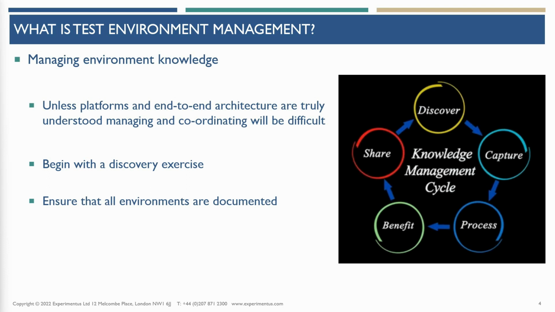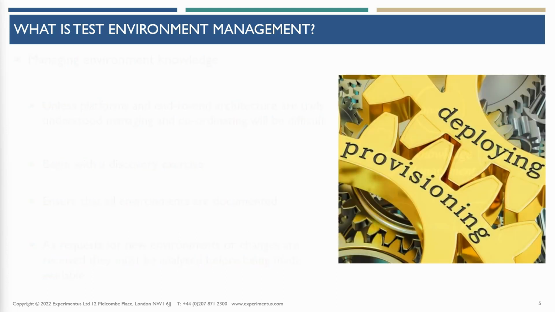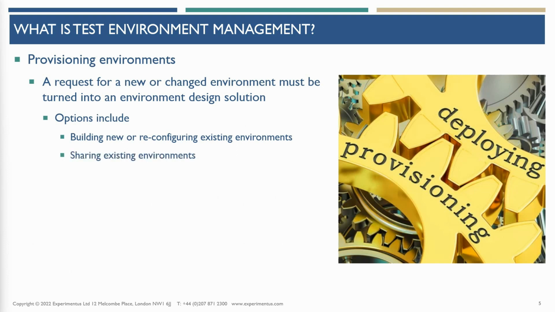As requests for new environments are received, and as changes to existing environments are needed, these must be analysed before they are built and made available. When a request for a new or changed environment is received, the requirements must be turned into an environment design solution based on what is in scope. Options include building new or reconfiguring existing environments or sharing existing environments.